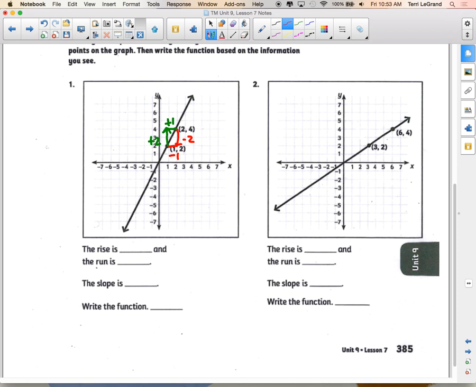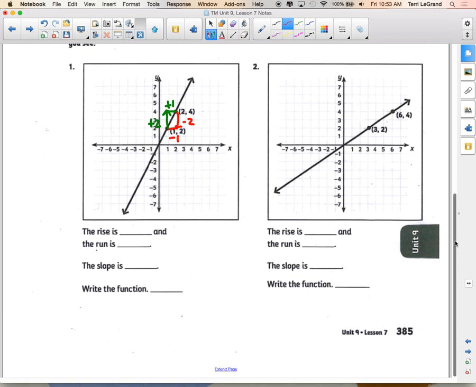You don't have to have both, but I want to see if both of them work out to be the same slope. Most likely, we typically want to use the positives if we can. So is your rise 2? Yeah. Yep. And the run is 1. So that would mean we would put the rise upstairs, the run downstairs, 2 over the 1.